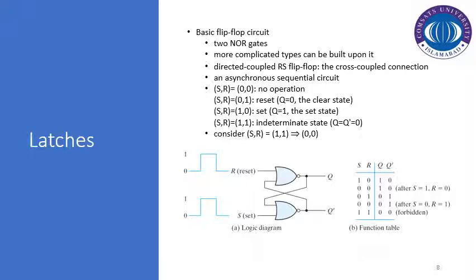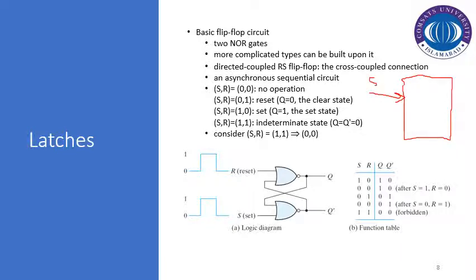So let us see the first example, the SR latch. As its name suggests, this is a latch that has two dedicated inputs named set and reset. Let me draw the block diagram for you. We've got two dedicated inputs.